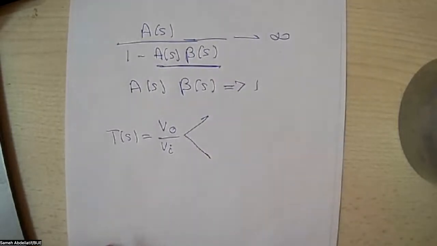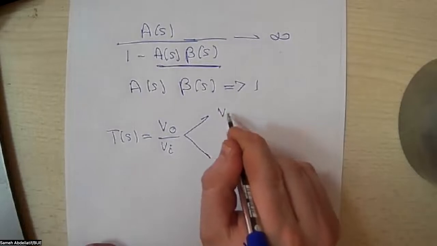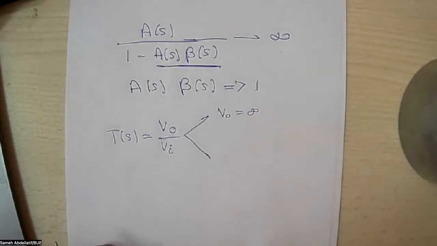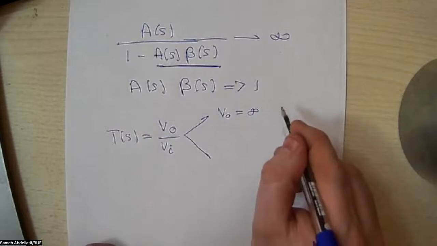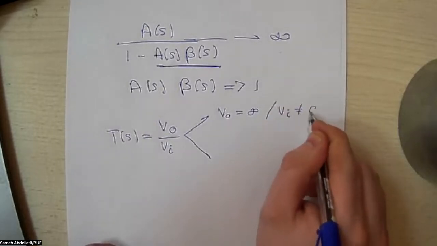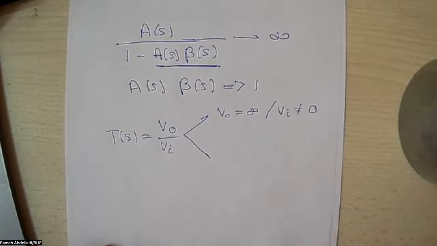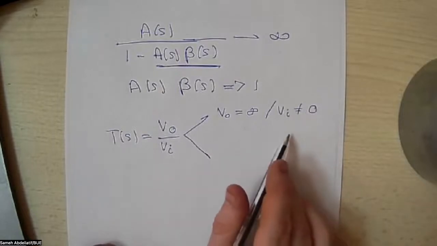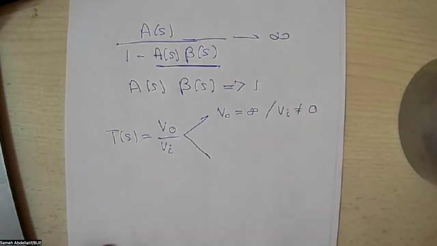The first option is to have V output equal to infinity, with the condition that V input is not equal to 0. So in this case, you will have infinity over a constant, which is infinity.